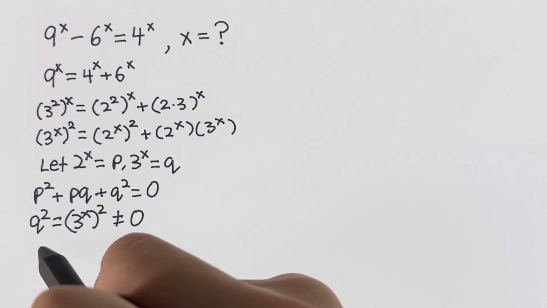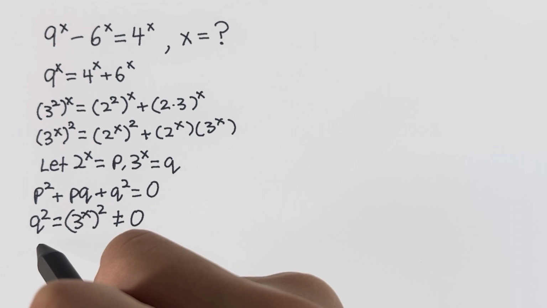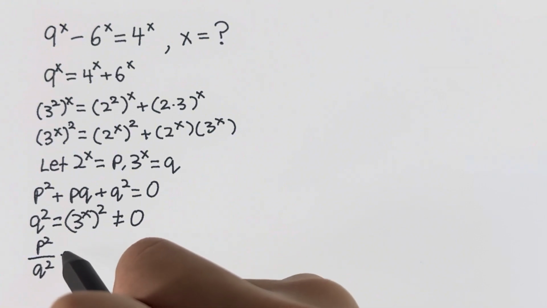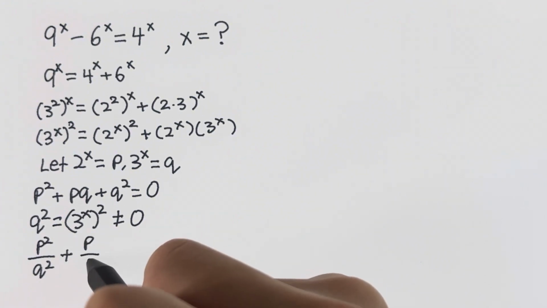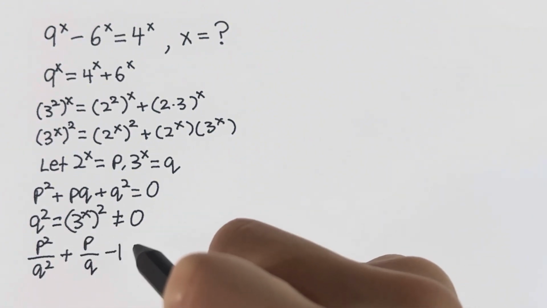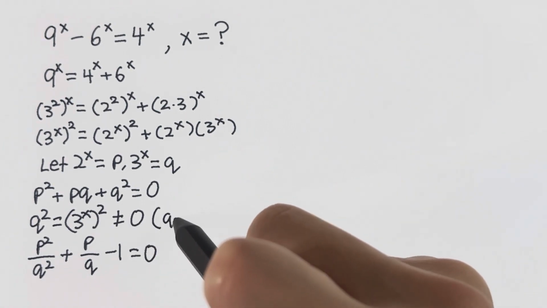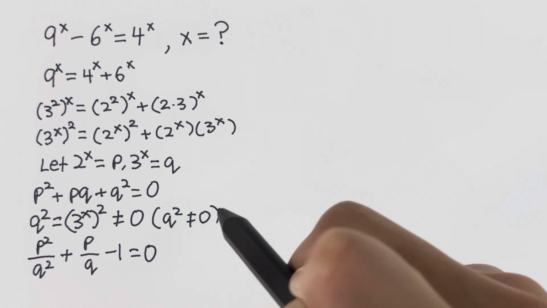And then after dividing by q squared, you'll have p squared divided by q squared plus p divided by q minus 1 equals 0, because we already know that q squared is not equal to 0.